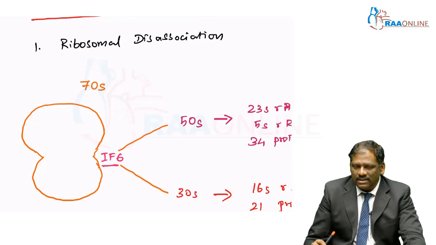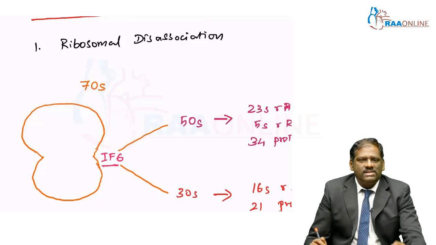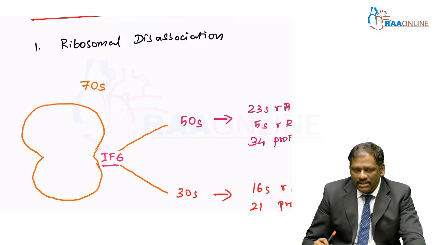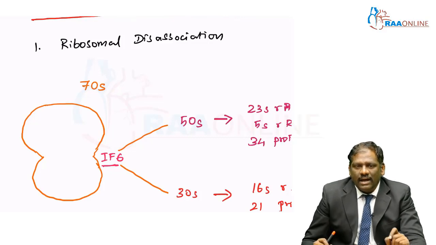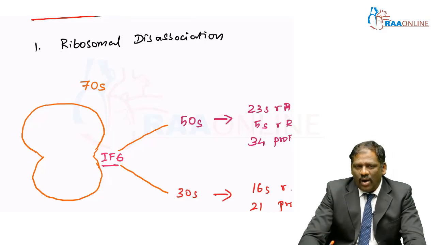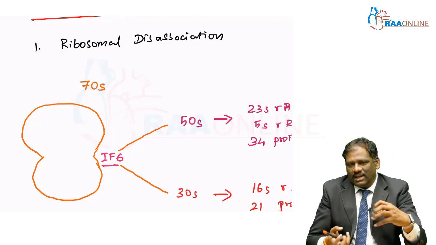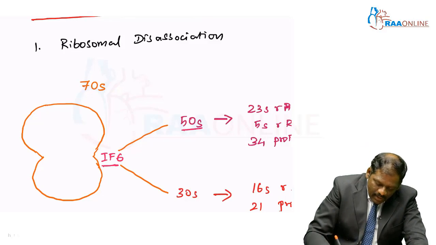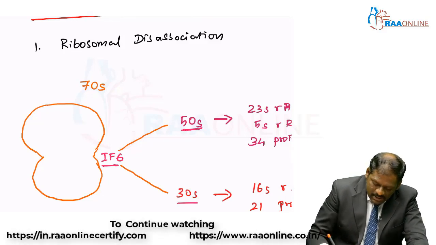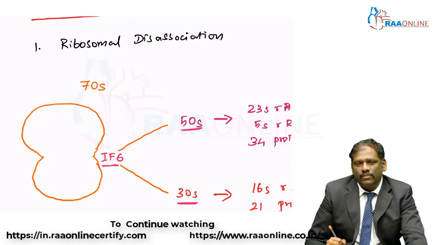It's easy to understand, and extremely easy to reproduce. The 70S ribosome has to break up, or dissociate. This dissociation is done by initiation factor 6. It all starts with 6. IF6 breaks open the 70S into two parts: the larger part is the 50S ribosomal unit and the smaller part is the 30S ribosomal unit.